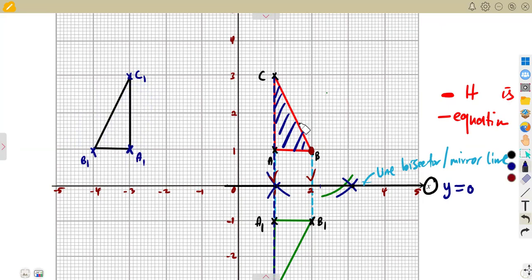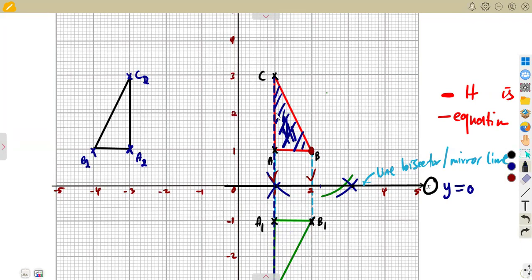So the question is to describe the single transformation. Remember, this is now A2, B2, C2. The object is still the same one that we had before, A, B, C, this one. Don't consider the earlier one; we described that one, we're done. Let's say it's another question that you're just working on.